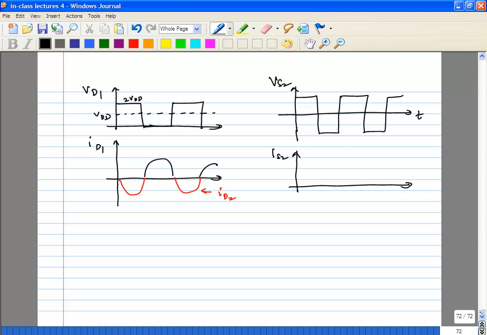Similarly, if you look at Is2, you are going to get a nice sinusoid on the other side.